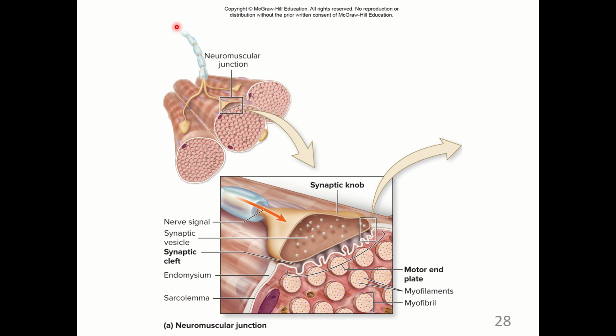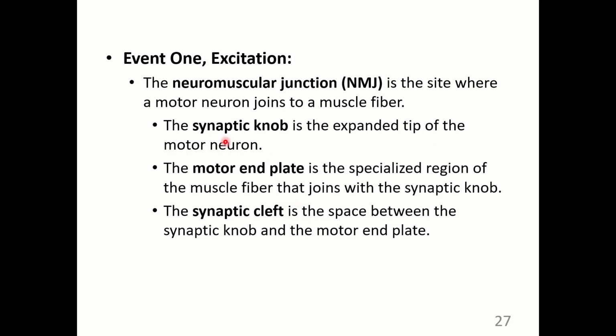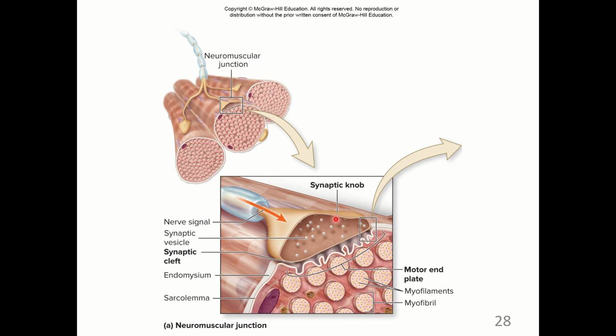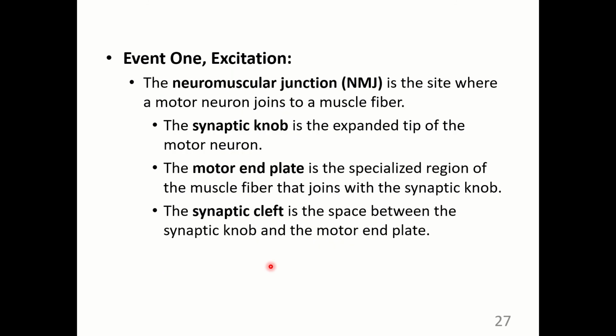This illustration shows the motor neuron coming in with the neuromuscular junctions. Here's the neuromuscular junction. The motor neuron has the synaptic knob, which is the expanded tip of the neuron. The motor end plate is the specialized region of the muscle fiber that joins with the synaptic knob.